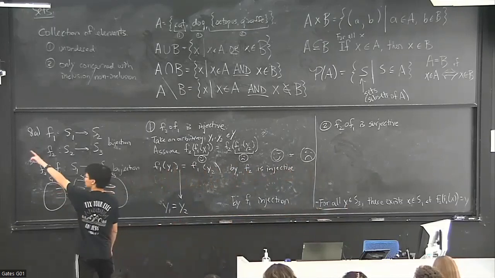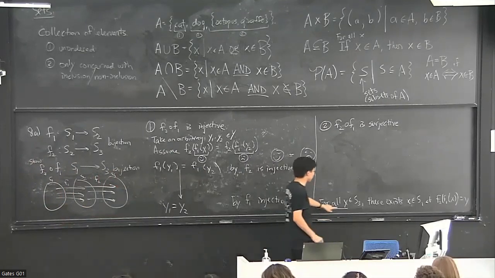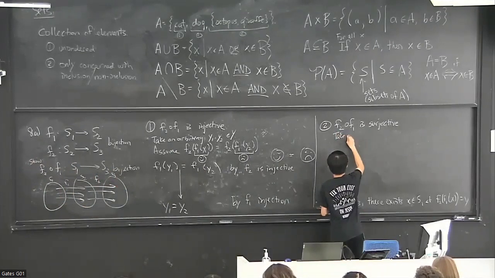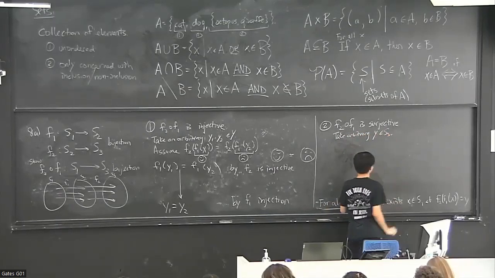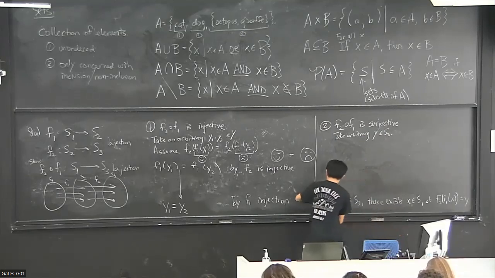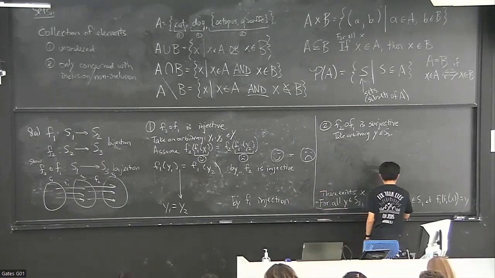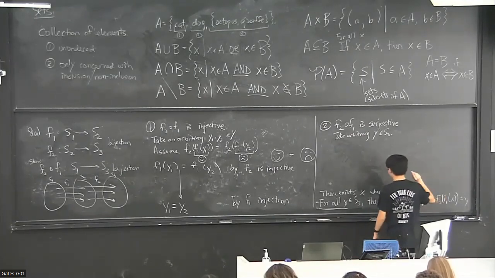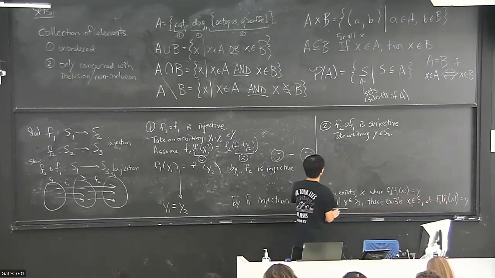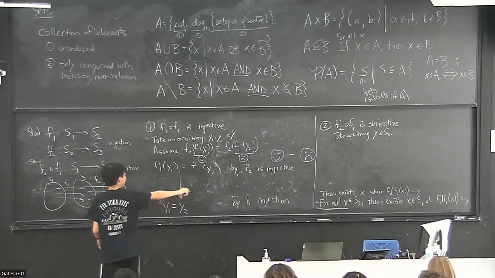To prove a for all statement, we take an arbitrary y in S3, and we want to show down here that there exists this x, where f2 f1 of x equals y. Notice what I'm doing: I'm taking an arbitrary y, and I'm showing that there really does exist such an x.